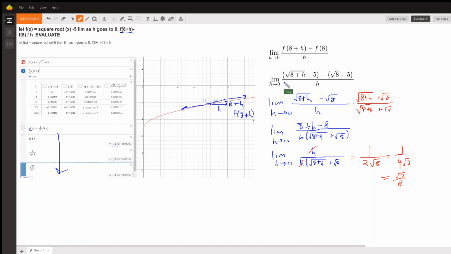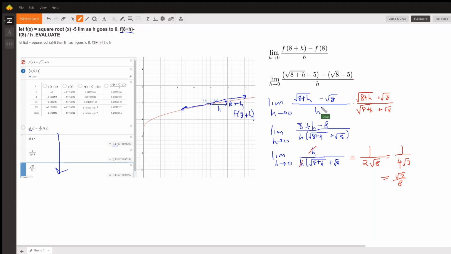So here's the limit as h approaches 0 of f of 8 plus h. I put 8 plus h in for x in the square root, and minus f of 8, which is radical 8 minus 5. Before I start doing anything, I'm going to simplify the numerator by removing this parentheses right here, which means the minus 5 and the plus 5 will cancel out, and that's what I'm left with in the numerator.